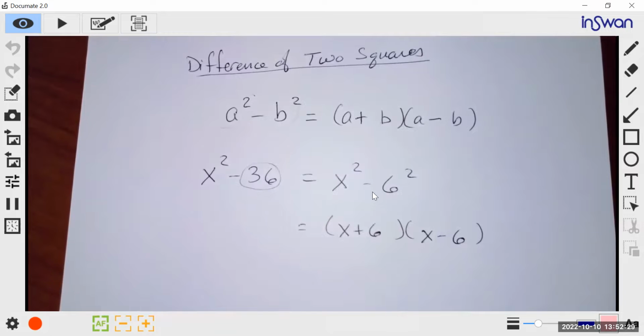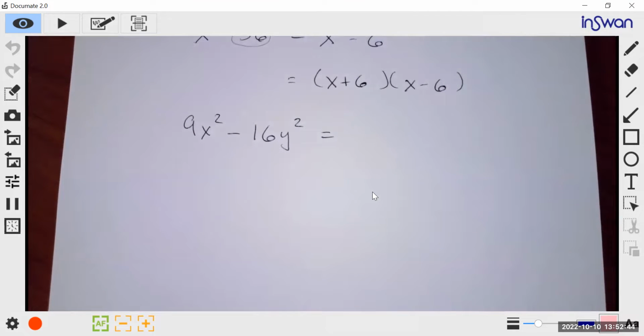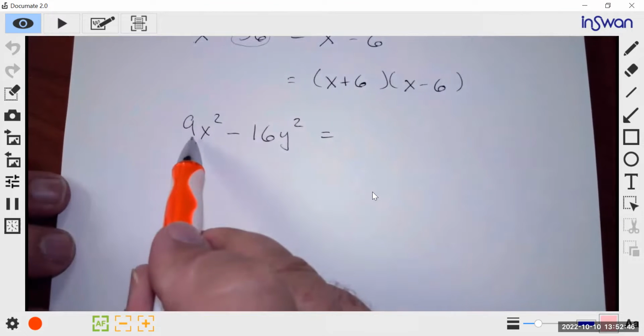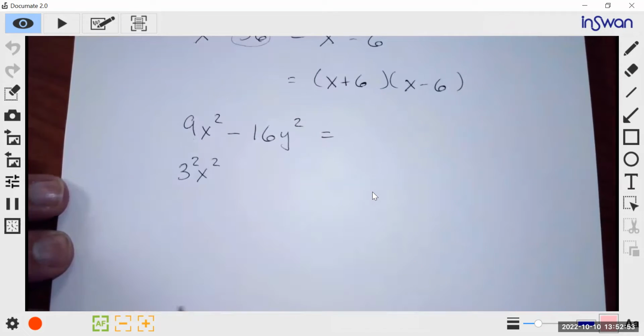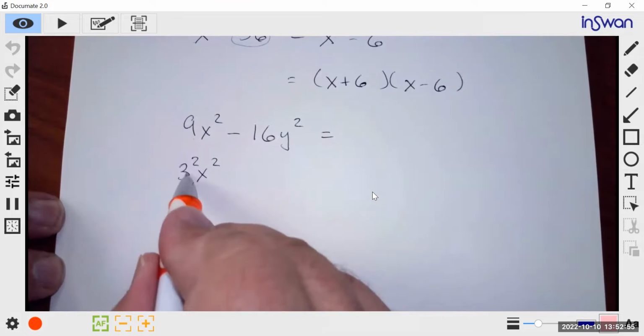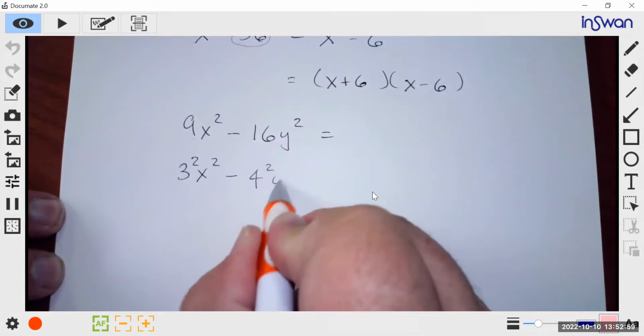So far, so good. So look at both numbers. Even if we had something like this, what is 9 made up of? 3 times 3. So this is the same thing as 3 squared x squared, right? Because 3 squared is 9. 16 is 4 times 4.